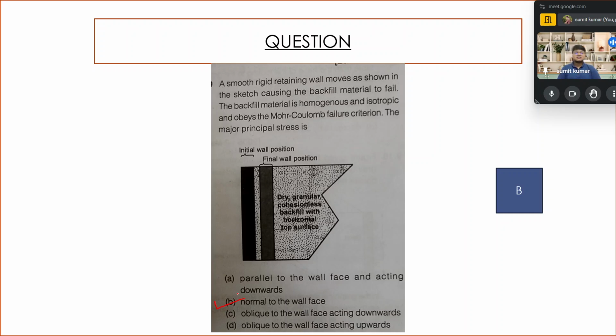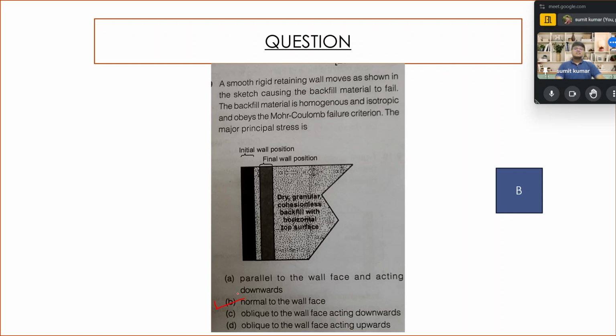But as the wall moves toward the soil, the horizontal stress increases, so this direction will become the principal stress direction. Similarly, if the condition is reversed, the final position is the initial position and the initial position is the final position.